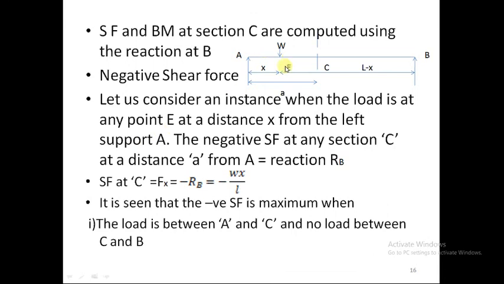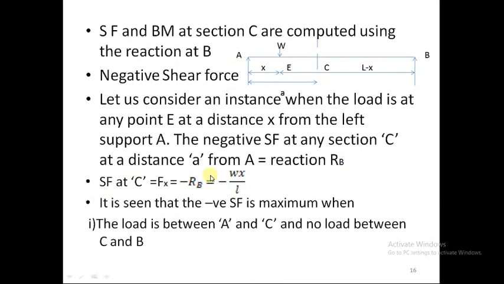Here we are considering the instance where we have placed the load between A and C, at a point E, which is at a distance x from the left support A. The negative shear force at any section C, which is after the load, anywhere from E to B, will be equal to the reaction RB.